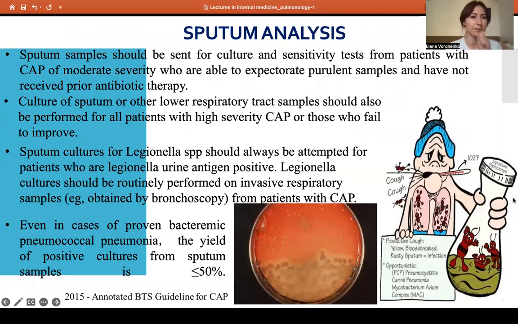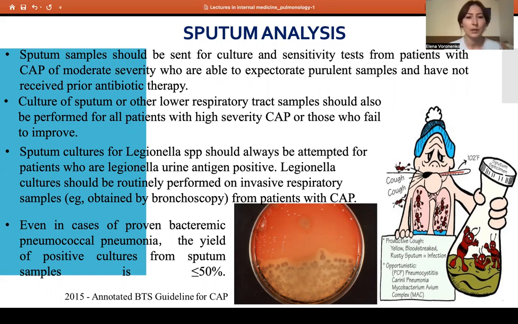Sputum analysis. Sputum samples should be sent for culture and sensitivity tests from patients with CAP of moderate severity who are able to expectorate purulent samples and haven't received prior antibiotic therapy. Culture of sputum or other lower respiratory tract samples should also be performed for all patients with high severity CAP or those who fail to improve.